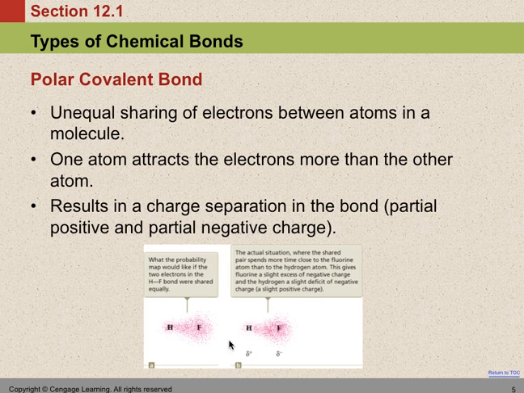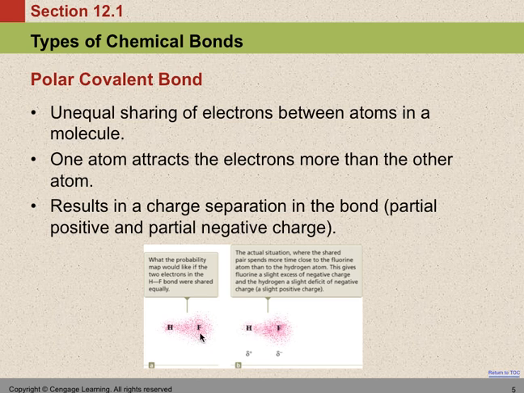Well, if we were to draw a polar molecule with electron probability, like where the electrons would be, here you would see in a bond between hydrogen and fluorine, the fluorine would be able to attract that pair of bonded electrons more to itself than the hydrogen can, and that results in a polar bond.